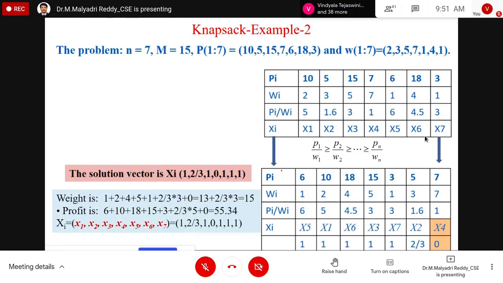Why? Because the ratio calculation is somewhat difficult. So we have to directly use the pi by wi ratio method. Sir, I will explain tomorrow, sir. Okay, read once. Okay, right. Yes. Sandeep, you will try, then I will explain again.